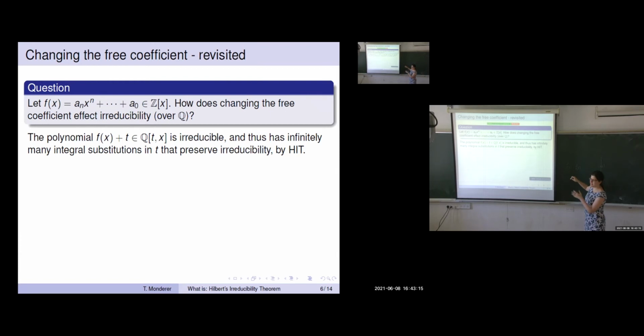I can write it as a linear factor times something. But Hilbert's irreducibility theorem tells us that even though I can come up with this example, and I can do the same thing if I plug in 2 or 3 or anything of that sort, I can still find infinitely many irreducible specializations.